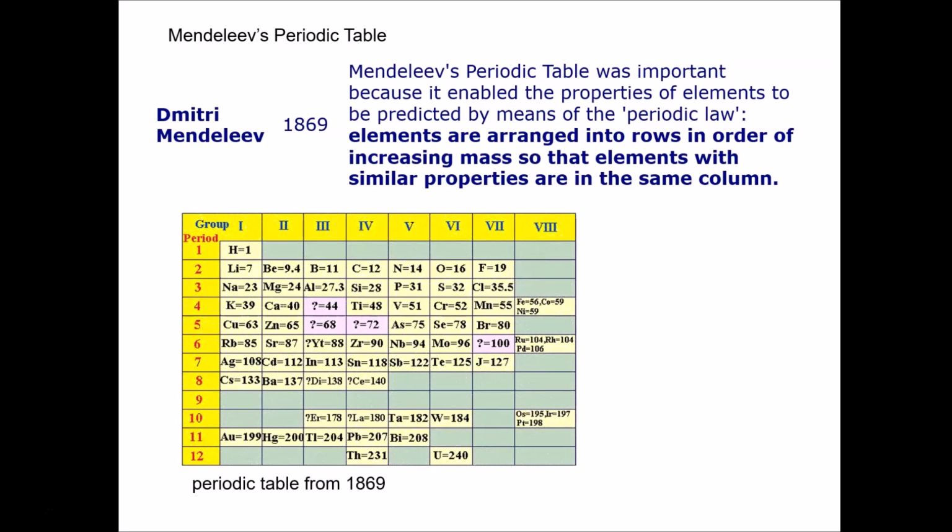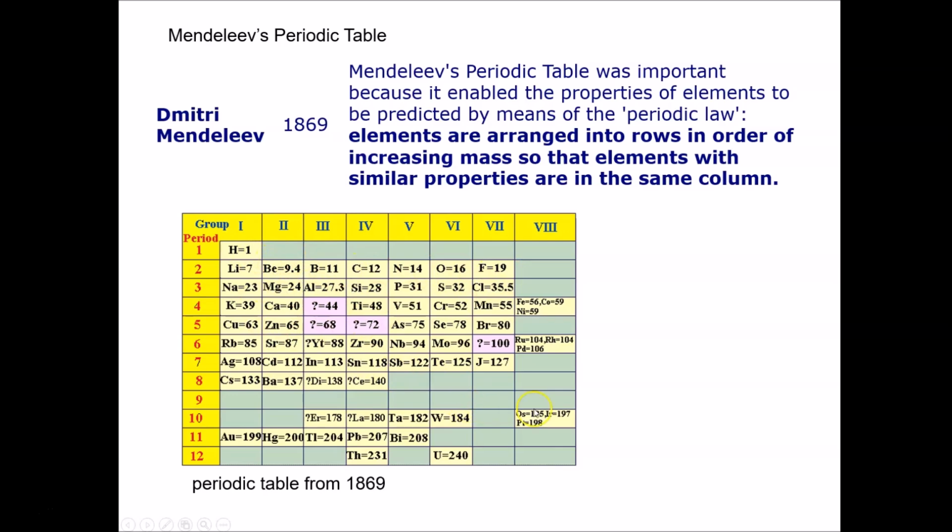And the reason why it worked is, one, he came up with a way of putting them in order, not just by their properties, but also by figuring out how heavy each one of them was compared to each other. Like, for instance, it was really easy to tell that hydrogen was the lightest. And if you compare hydrogen to lithium, lithium is 7 times heavier, so he just called lithium 7. And beryllium is 9.4 times heavier than hydrogen, so he called it 9.4, and so on and so forth.